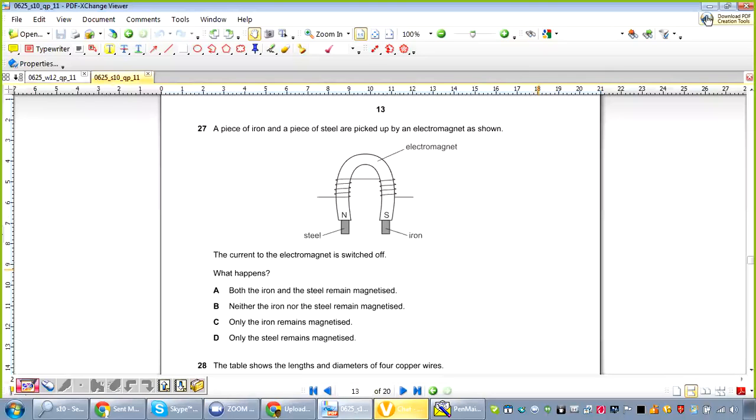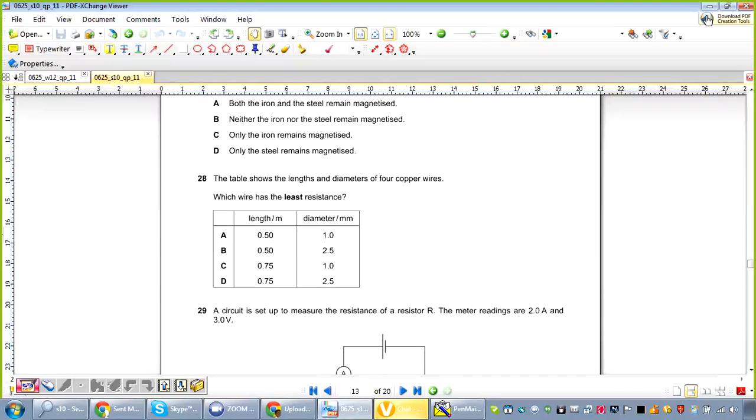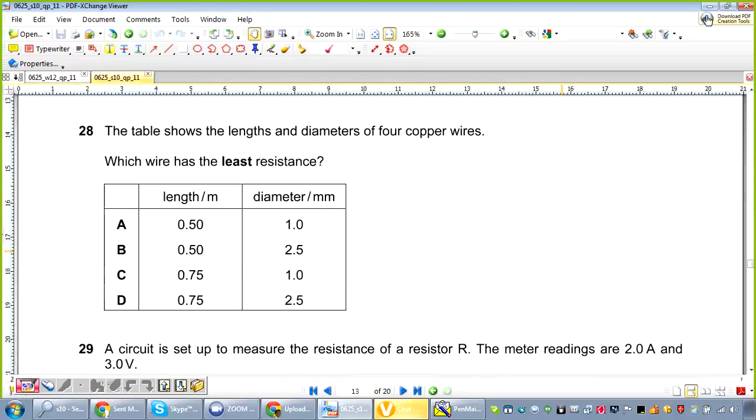That's right, because that's a permanent magnet. The second option.